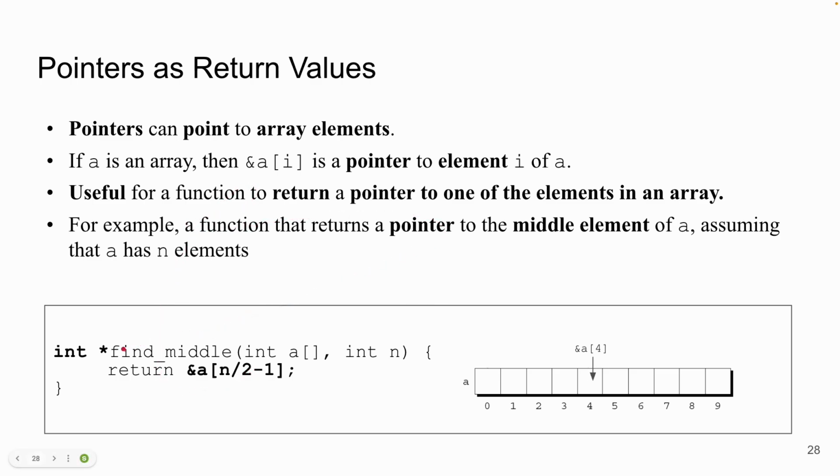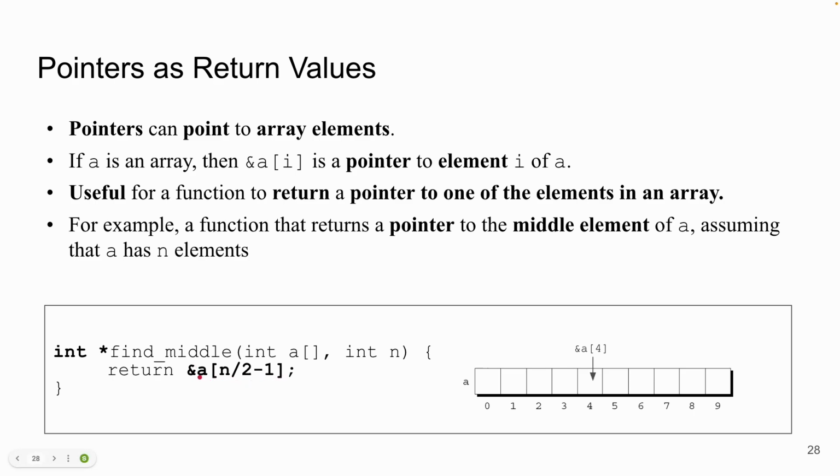For example, in this find_middle function, the first parameter is array A, and the second is an integer variable n, and n is the length of array A. What this find_middle function wants to do is return a pointer to the middle element of A. So we can just calculate the index of the middle element of array A, and then return the address of this element.